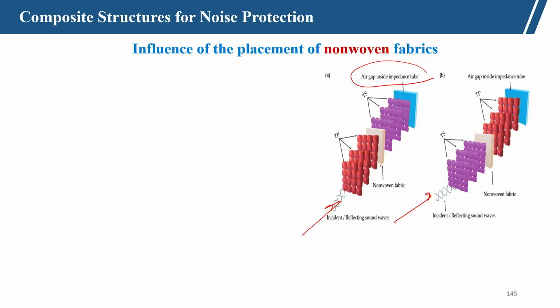And there will be placing of non-woven and a TP. TP means textured plain weave, TS means textured satin weave. So, in one configuration there are 3 layers of textured plain weave, then the non-woven layer is kept, then behind the non-woven layer there will be 3 layers of textured satin weave, and then the air gap.